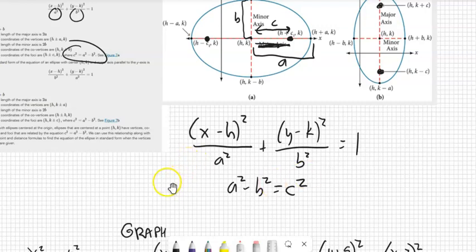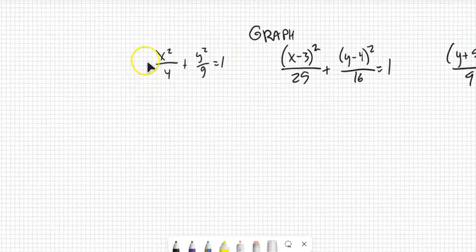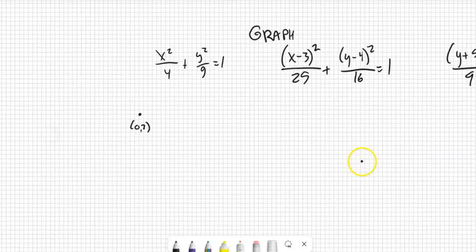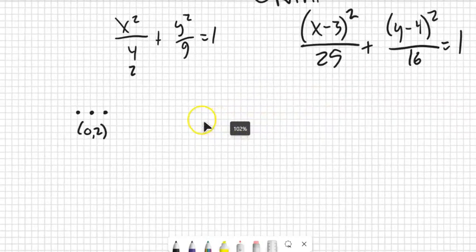So I'm going to sketch a couple graphs here. I notice my center's at 0, 0, so I'll just call this the point (0, 0). My offset in the x direction is the square root of that, which is 2, so it's going to go over 2. My offset in the y direction is 3, because this is 3 squared.